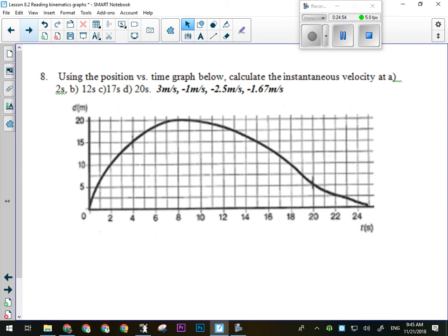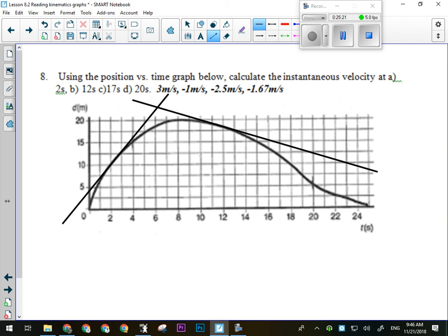But if I was to do that, for the instantaneous velocity at time 2 seconds, I would have to have a ruler, obviously. You guys would have to have a ruler. I would draw a line that looks something like that, and then I would try and calculate its slope as best I could. For 12 seconds, it would probably look something like this, and make it as long as possible.